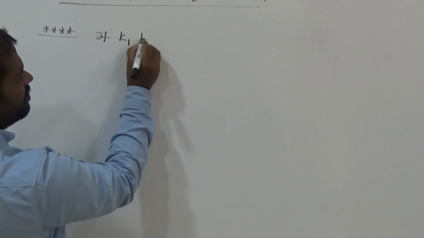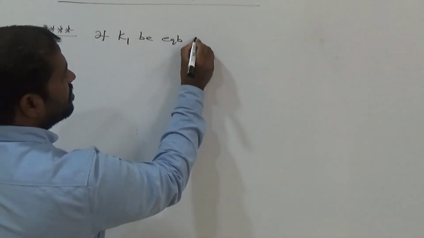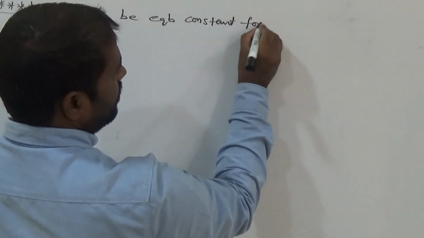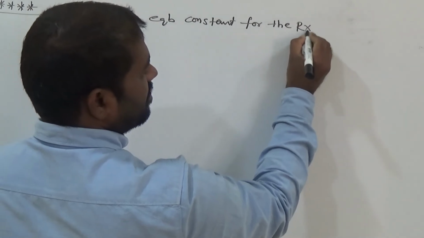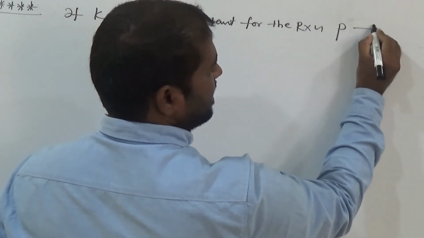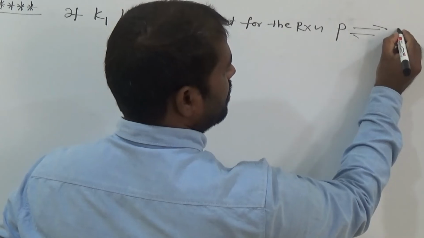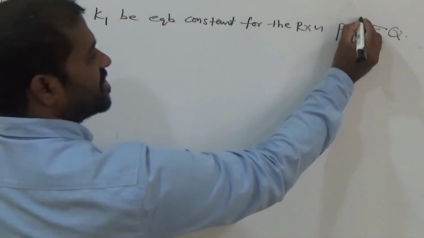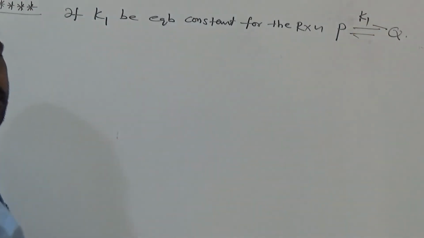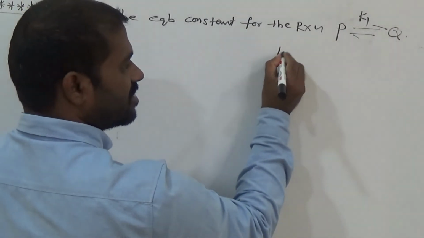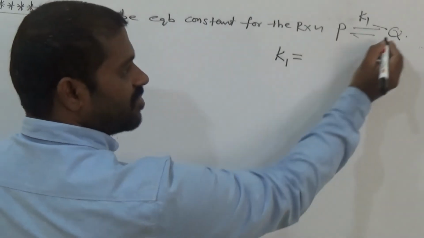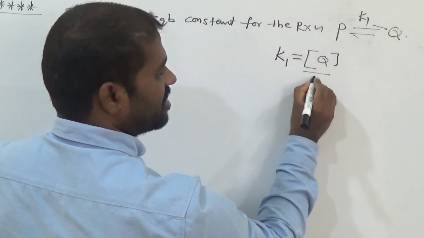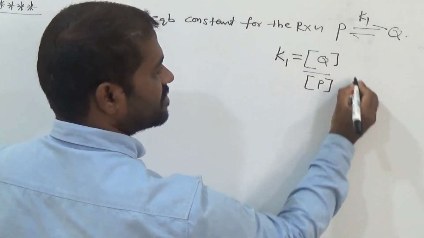If K1 be the equilibrium constant for the reaction P reversible Q. What is the equilibrium constant in this expression? We have K1. Now write K1 is equals to molar concentration of Q by molar concentration of P. Am I right?